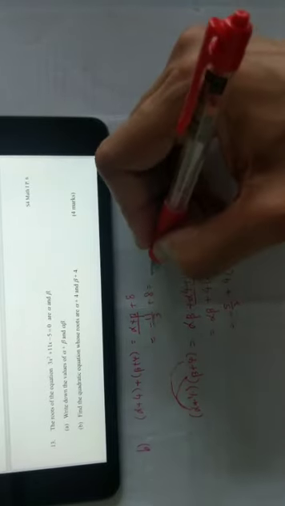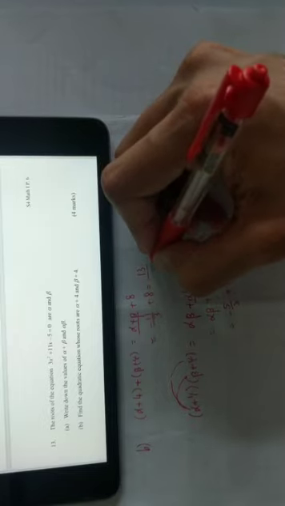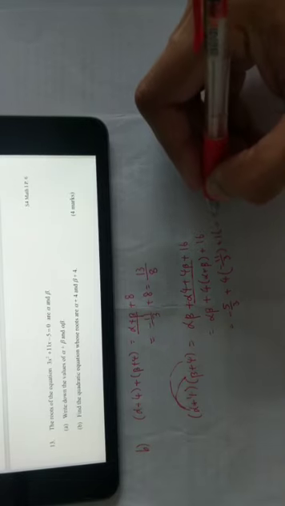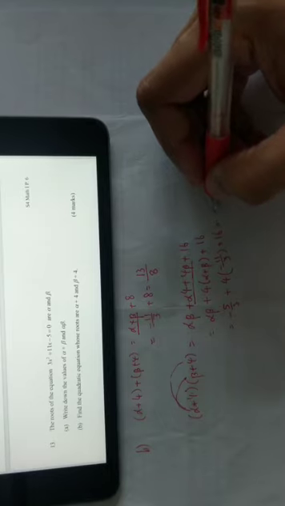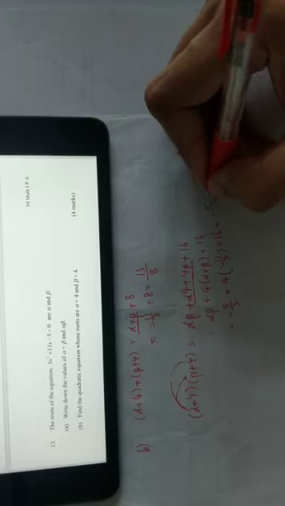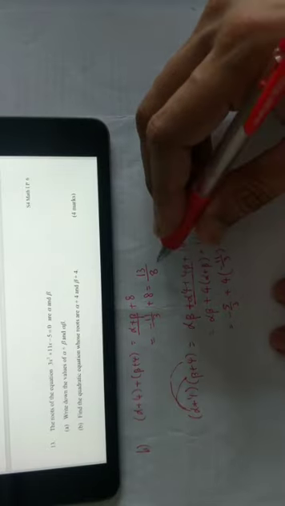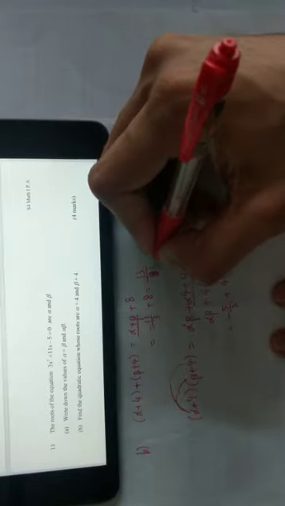So this is 24 minus 11, 13 over 3, and for this one, negative 44, negative 49. It's probably negative 1 over 3. You can use your calculator to calculate that.